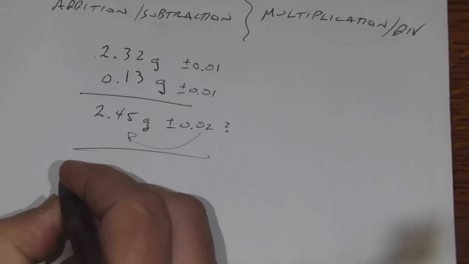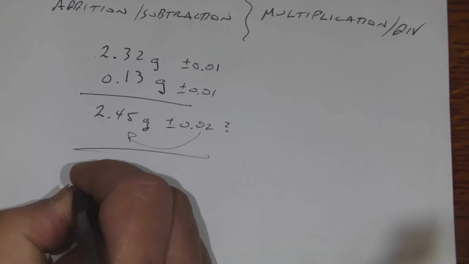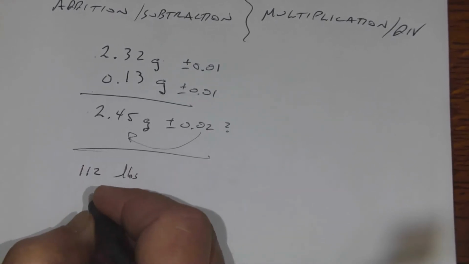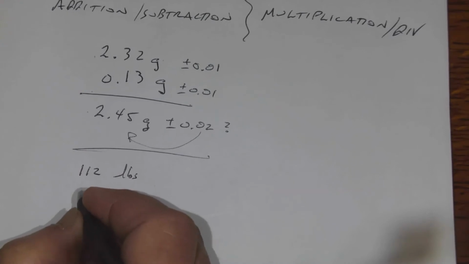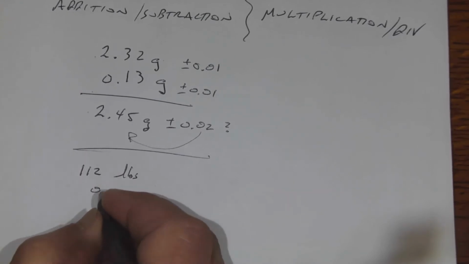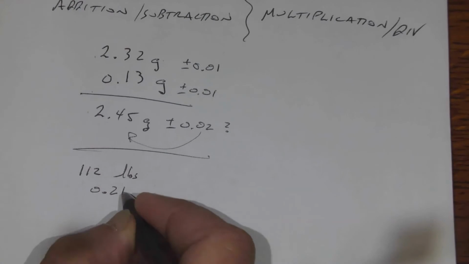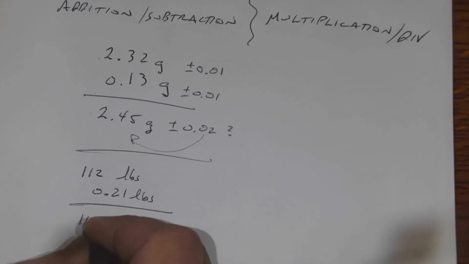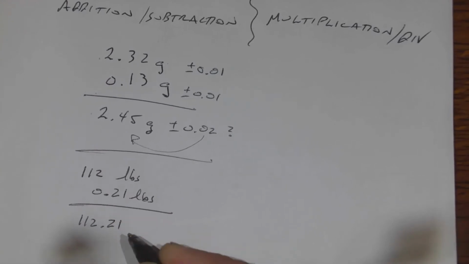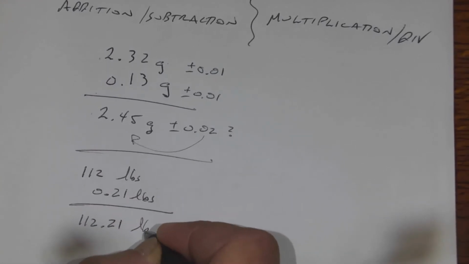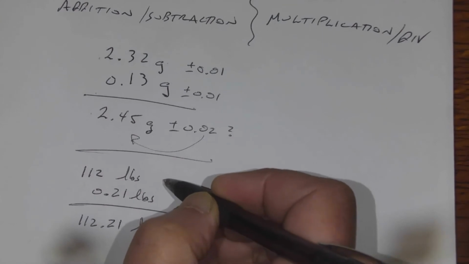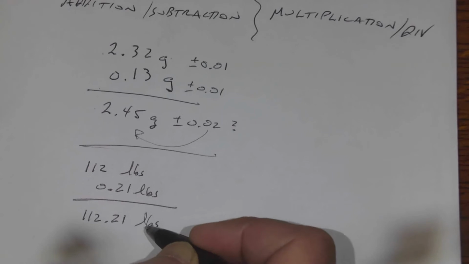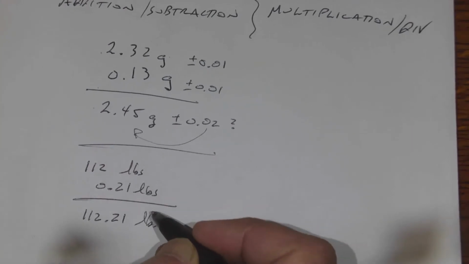If I do another quick example and say I have 112 pounds, and to that I add 0.21 pounds, and I do the math here, I'm going to say, okay, 112.21 pounds. The first one I have 3 SigFigs, the 0.21 I have 2 SigFigs. My answer as written looks like 5, so what's the correct way to write it?